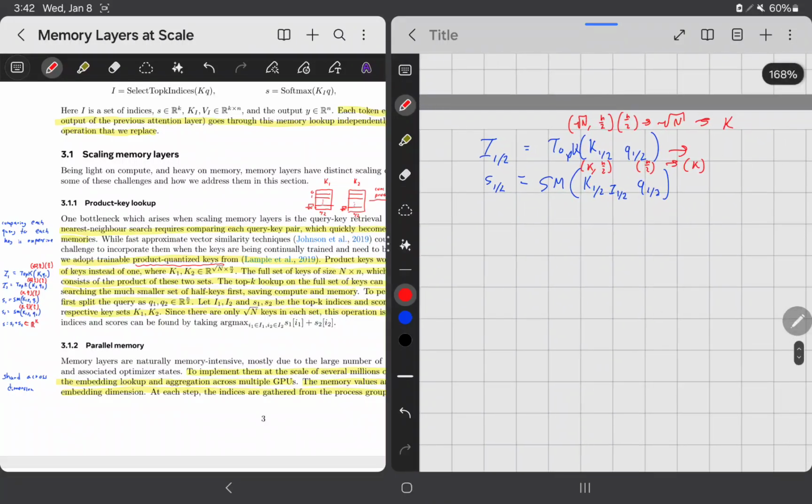So this will give us two sets of weights, S1 and S2, where S1 corresponds to K1 and Q1, the first half of our dimension, and S2 corresponds to the second half of our dimension.